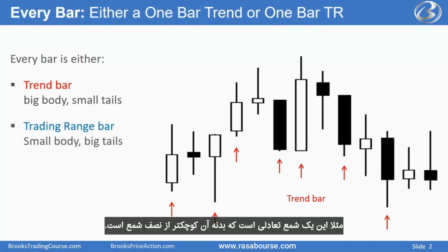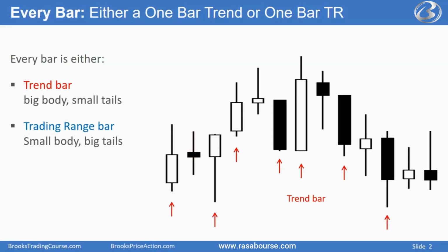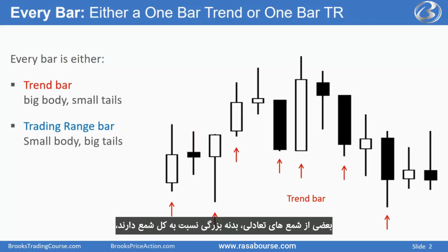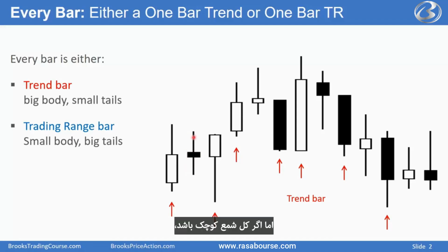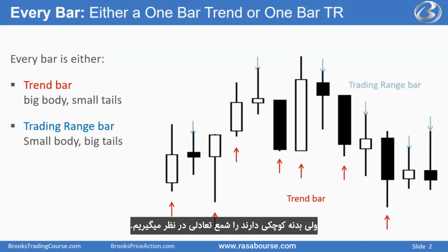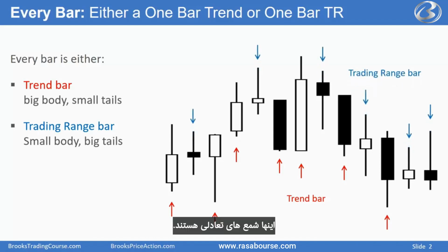So trading range bars like this, body is less than half the size of the bar. Some trading range bars have relatively big bodies compared to the size of the bar, but if the bar is small, I still call it a trading range bar. Other bars are extremely big, but have very small bodies. I call those trading range bars. Here are examples of trading range bars.